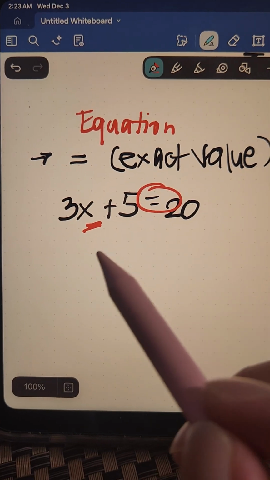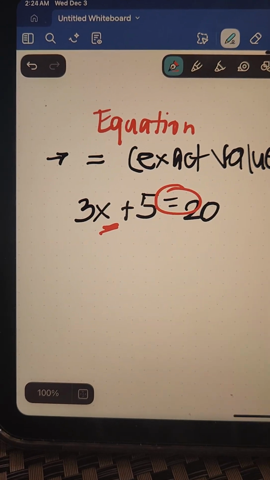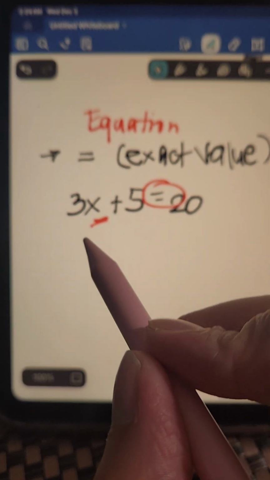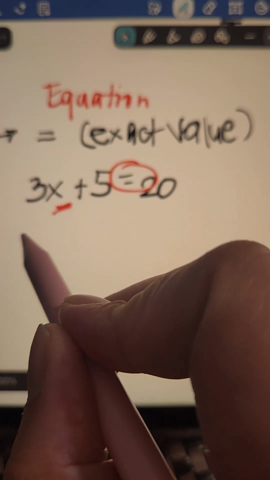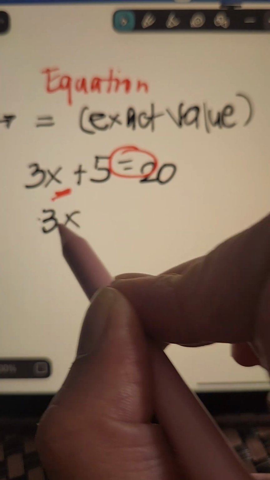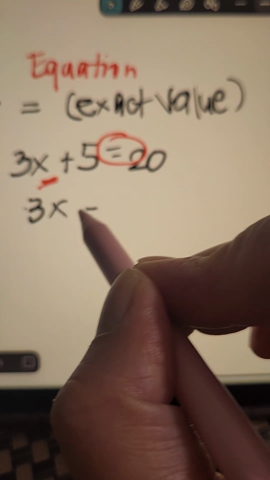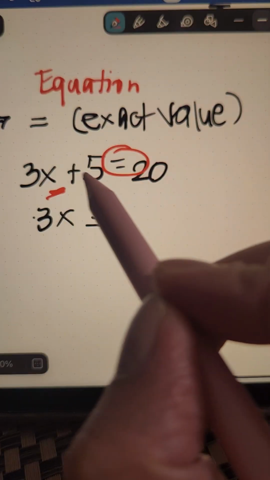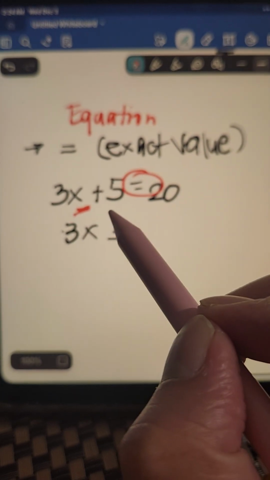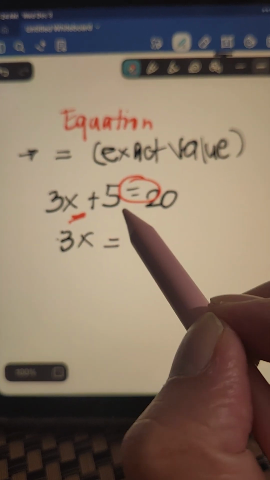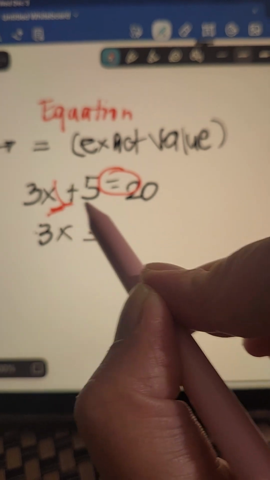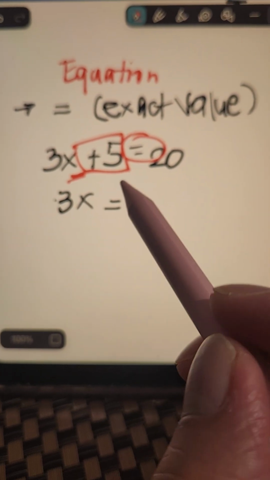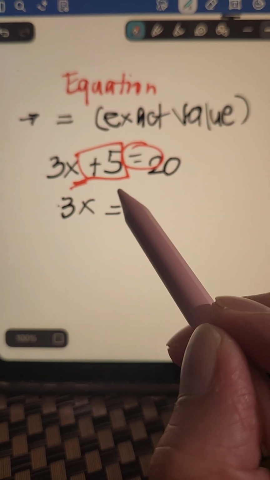So let's take for example this one. Let's move 5 first, okay? So we leave 3x. So 5, we will move to the other side of the equal sign. And if you notice, the operation of 5 is addition.